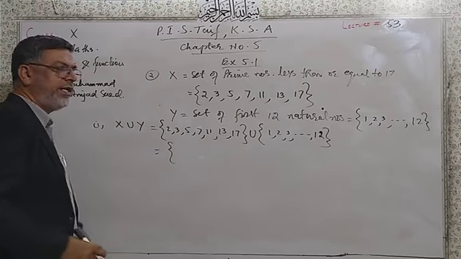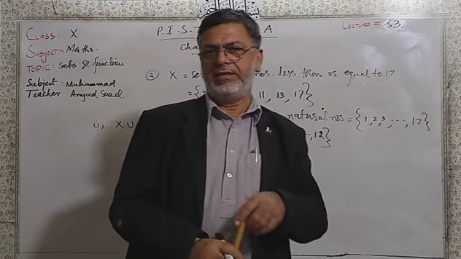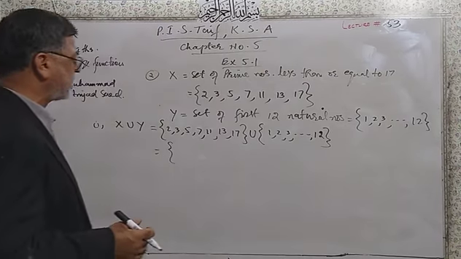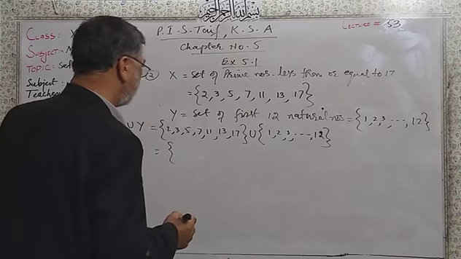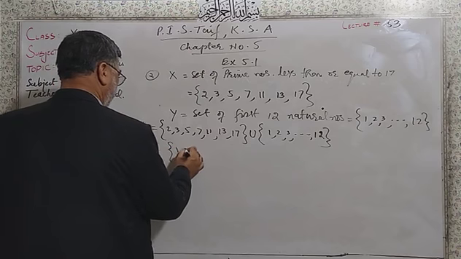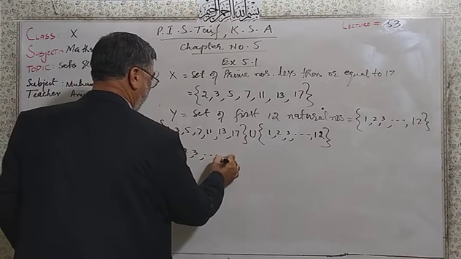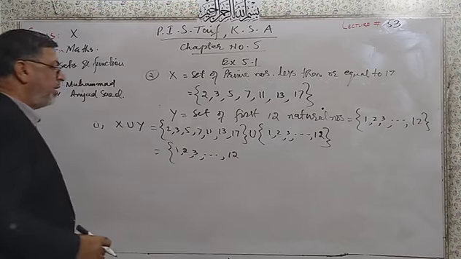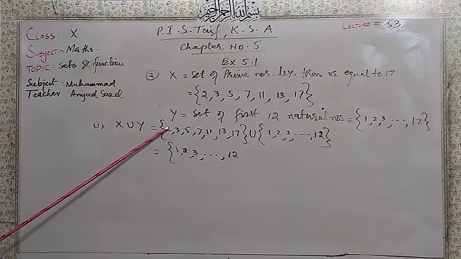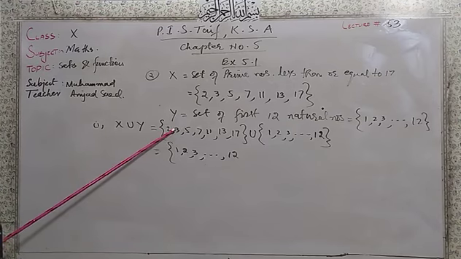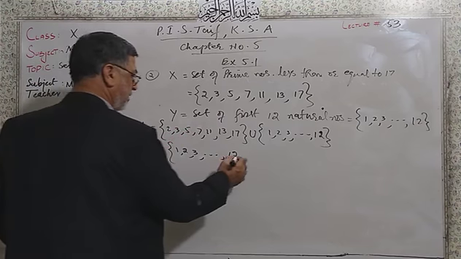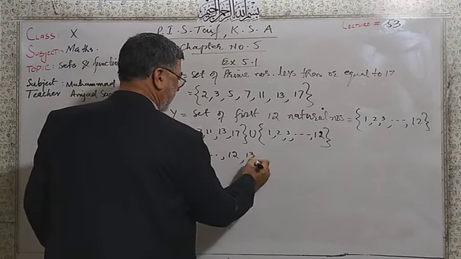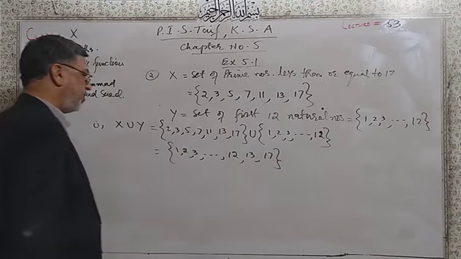Now you are taking the union. Union means to combine. Write down all members and common members will be written one time. So we can write down 1, 2, 3 up to 12. 5, 3, 2, 7, 11 are all covered. 13 and 17 remain left. So you may write it this way.